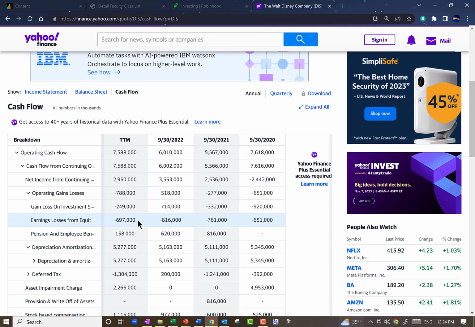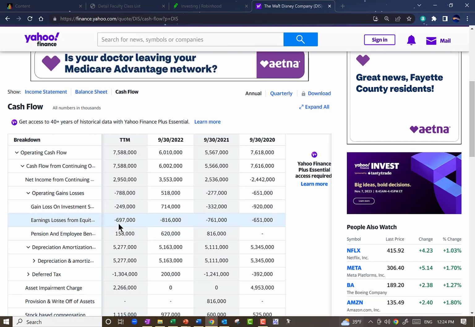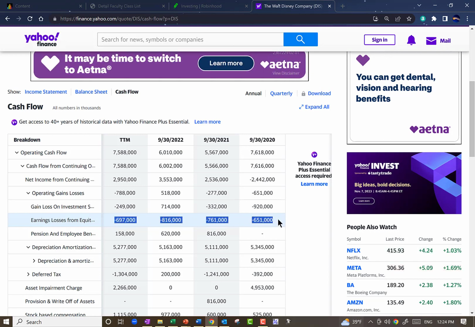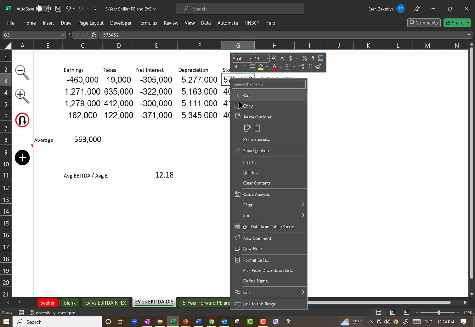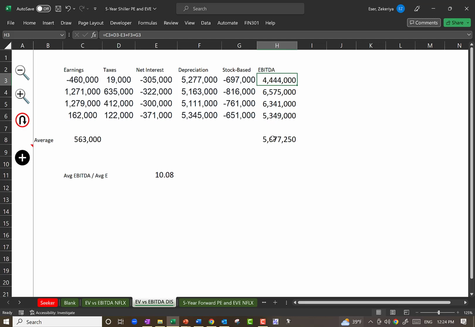Earnings losses from equity something. I'm just putting it there without worrying about it too much. Okay. So these guys have a bit over earnings ratio of 10. Again, I didn't think too much about what each of those numbers mean. For now, I'm just doing it mechanically.